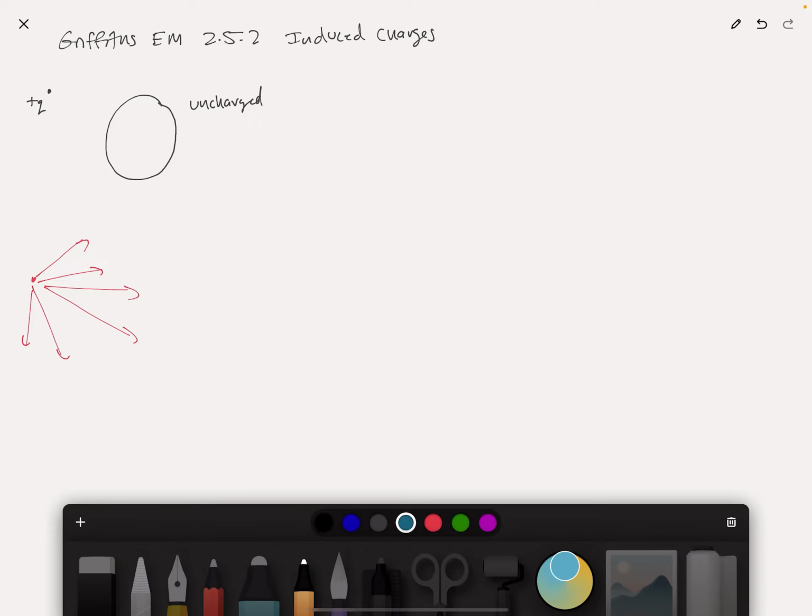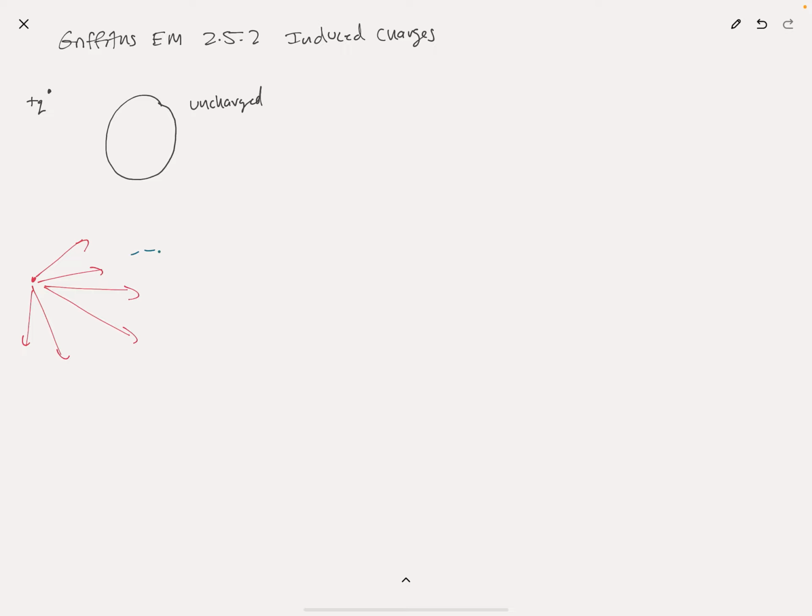So if there's going to be no electric field inside of my conductor, I'll draw that with blue. I know that my field lines from my conductor are going to have to somehow be pointing in the opposite direction in some way, right?